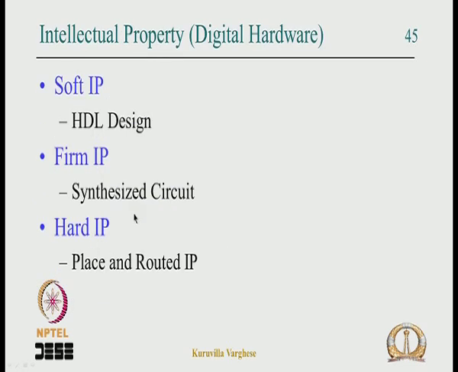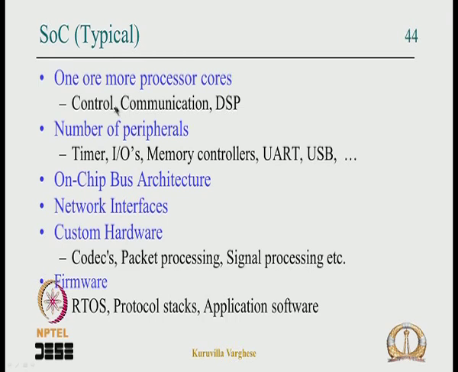And let us move on to the next keyword, which is many times called intellectual property, which is somewhat related to system on chip, because when you have a complete embedded system, it is very difficult to design from scratch. And you know the short time duration in which the cell phones are coming into the market with newer and newer chips, it is very difficult to design a complete system in 6 months.